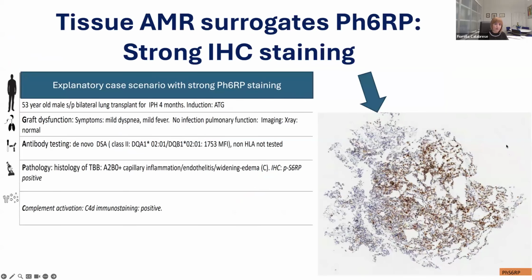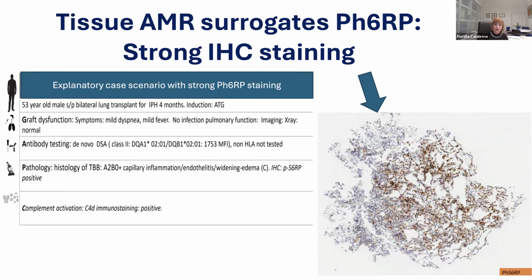I'm showing you now what we consider strongly immunostaining of this marker. We usually call it a black sample. Why black sample? Because we detected immunostaining in different cell phenotypes: macrophages, epithelium, and above all, endothelial cells. This biopsy comes from a patient who developed graft dysfunction 1 year after transplantation, and a weak de novo DSA.